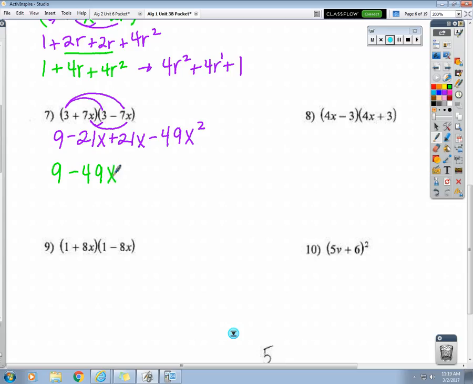Right, because what happened? The middle terms, those linear terms, canceled each other out. Negative 21x plus 21x is 0x. You don't have to write it. And then once you rearrange it into standard form, what will it look like? Correct. All right, any questions about that one?